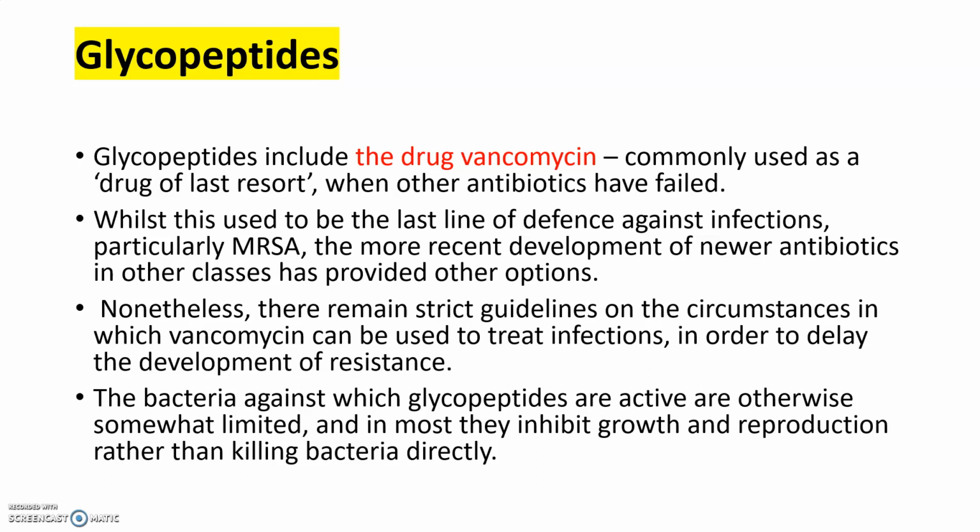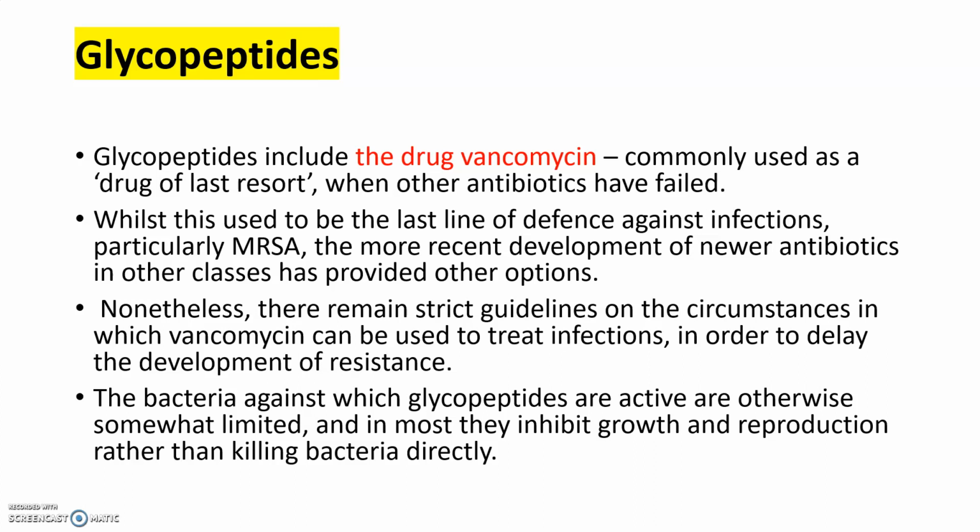It is to be used as the last line of defense against infection, particularly MRSA. In the case of methicillin-resistant Staphylococcus aureus, because MRSA is most commonly resistant to every type of antibiotic, vancomycin is used.